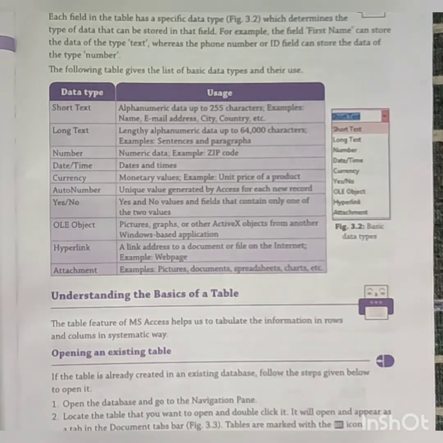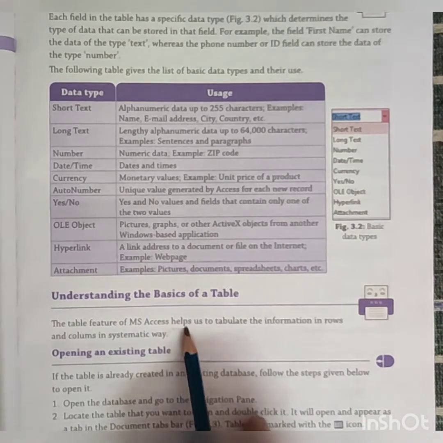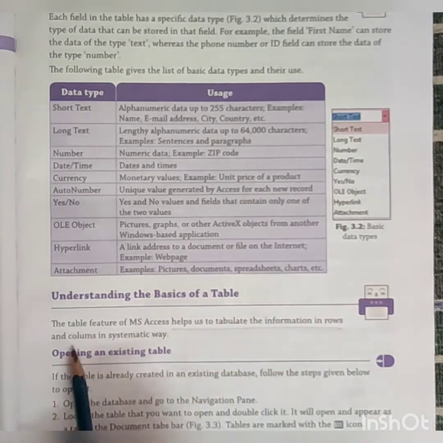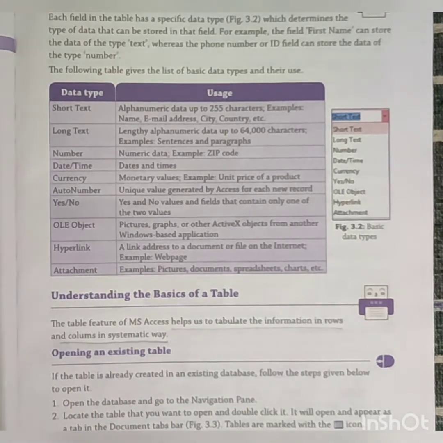So it will be easy for us to understand, as well as accepted by most of us. That's why a table helps us to tabulate the information in rows and columns in a systematic way. Okay, students.